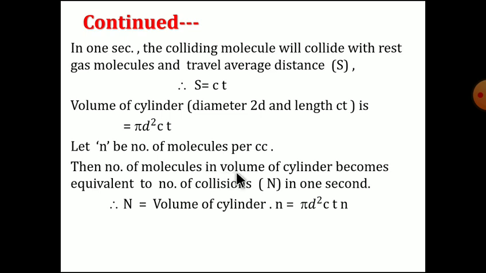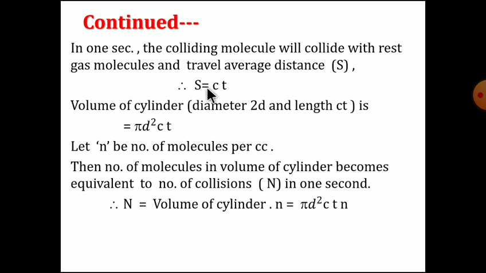Then the number of molecules in the volume of the cylinder is equivalent to the number of collisions. The number of collisions N in 1 second must be equal to the volume of the cylinder multiplied by the number of molecules. The volume of the cylinder we calculated earlier, pi d square Ct, multiplied by n.